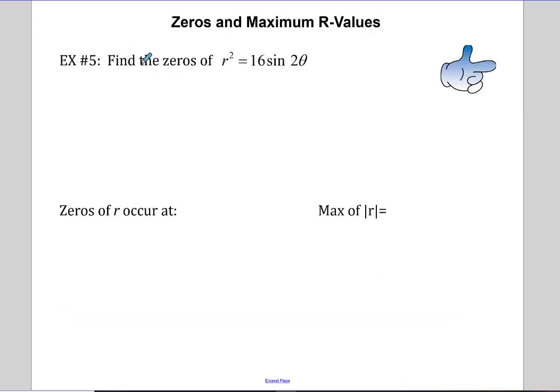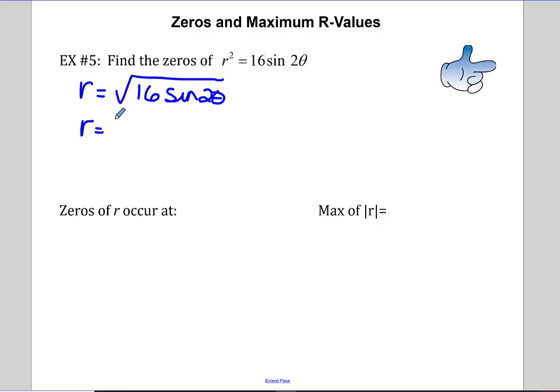Now this one is interesting. We want to find the zeros where r squared equals 16 times sine of 2 theta. Now this is going to be called a lemniscate. So we want to solve for r, which means we're going to take the square root of 16 sine 2 theta.